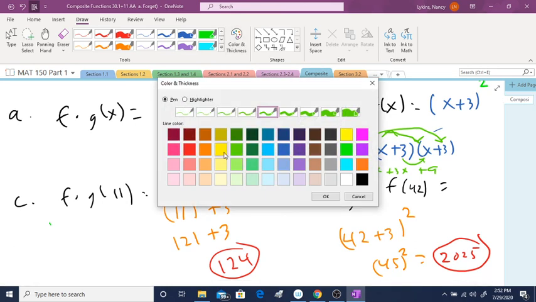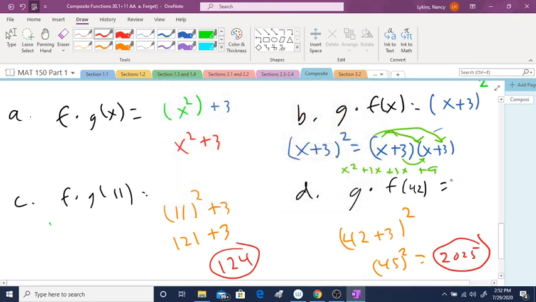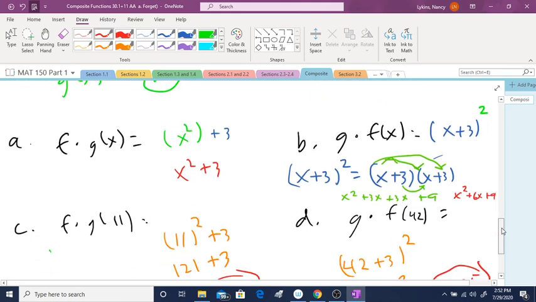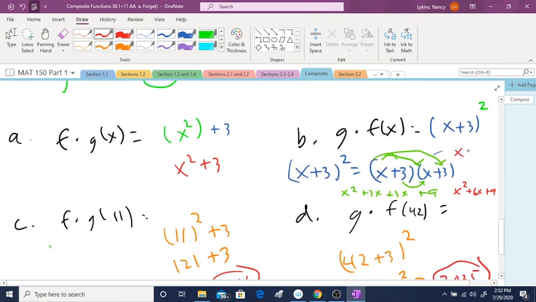If you combine them, you would say x squared plus 6x plus 9, or, like I didn't change this, the x plus 3 squared would be an answer that you could substitute the 42 in and not worry about it.